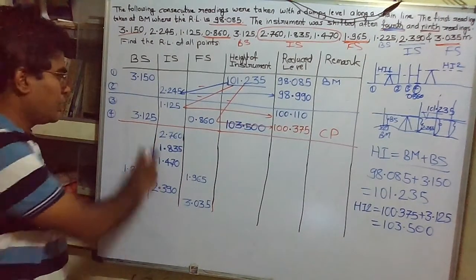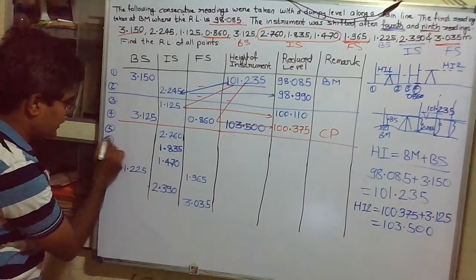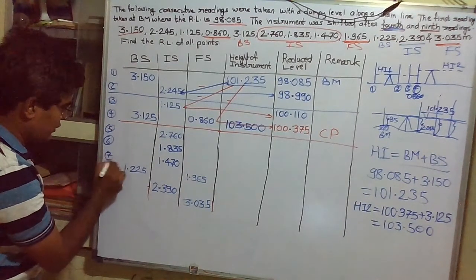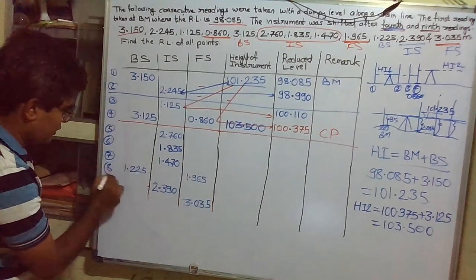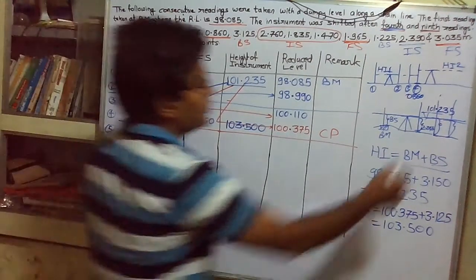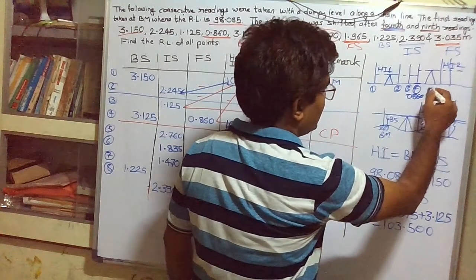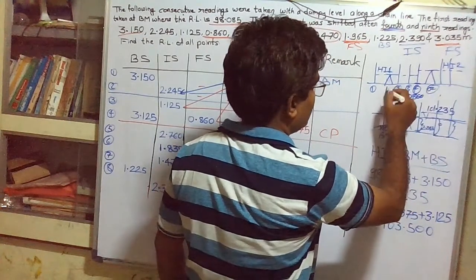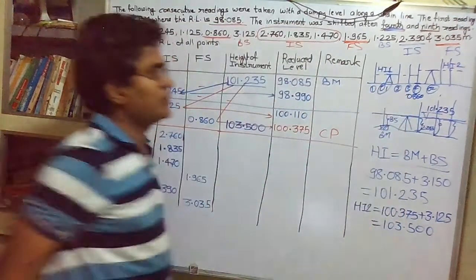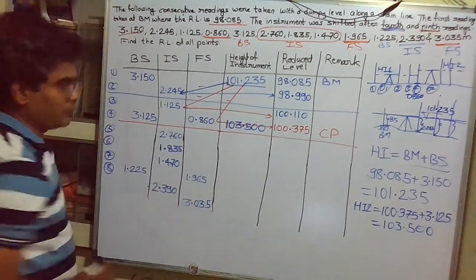So for finding out the RL of points 5, 6, 7, 8, we will use this HI, because now readings are taken with this second setup of instrument, O2. This is the first setup of instrument, O1. So for these readings, we'll use this HI.